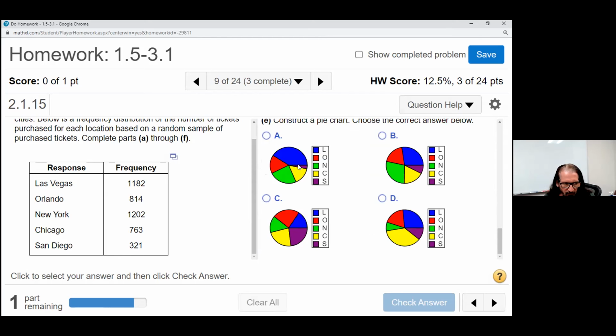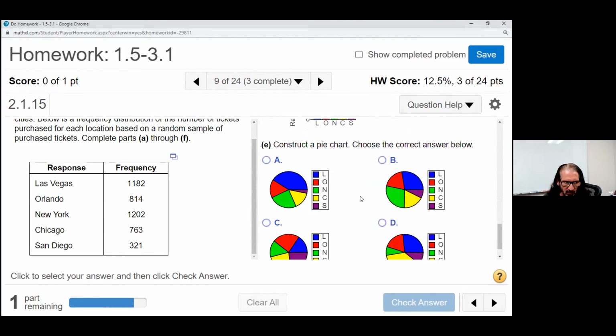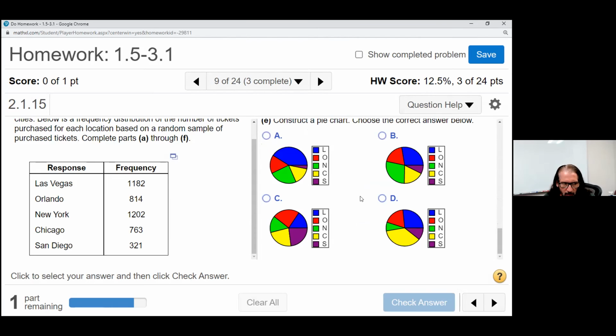That's nearly 0.5. We only had 0.27 there, 0.276. New York was 0.281. So choice A does not look good. Choice B looks reasonable. Those look both a little bit bigger than a quarter of it. And with the one in green for New York compared to blue for Las Vegas, that does look a little bigger.